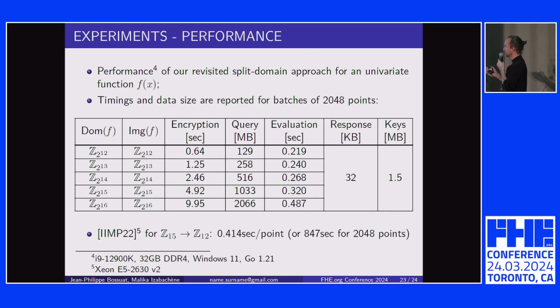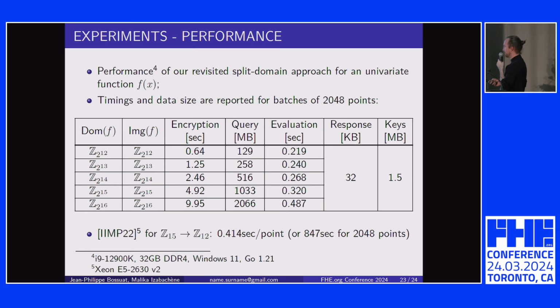So the encryption and query size remain the same, and what matters now is the evaluation. We did it for a batch of 2048 points because we used the ring degree of 2 to the 12, which was in the original work. And we can see that this approach, for a batch of 2048 points, is about 2,000 times more efficient.